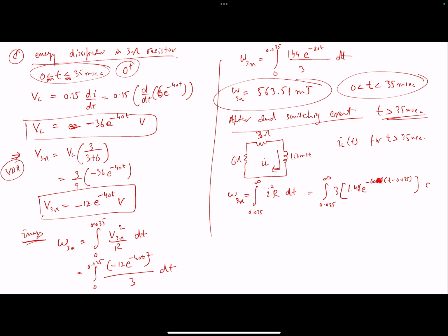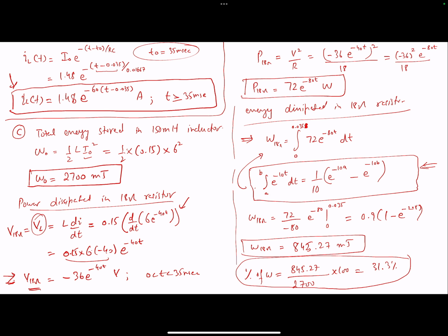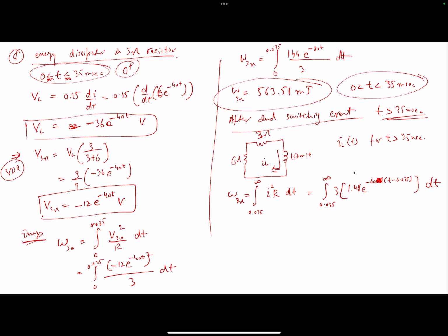If you solve this using the identity, the rest is just constant, and you can easily solve it. The value you get is 54.73 millijoules.